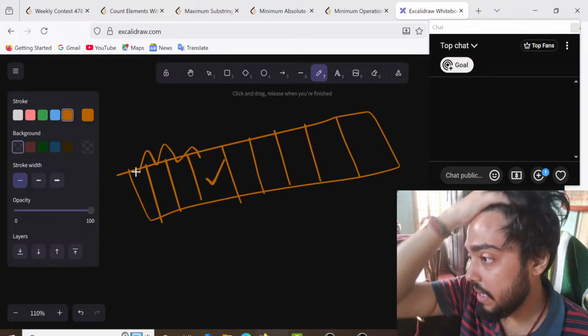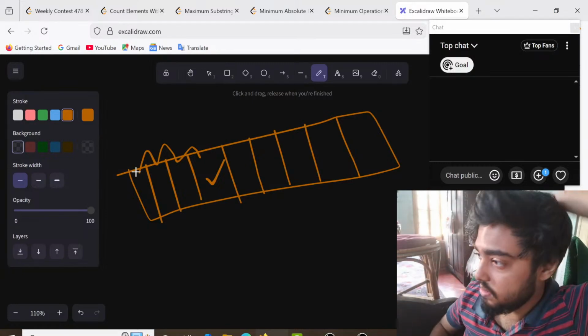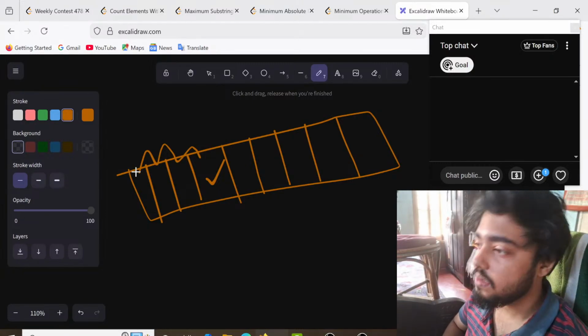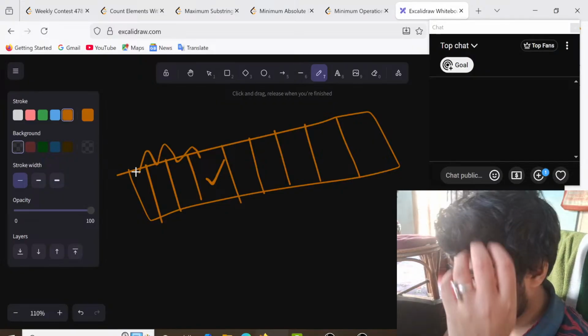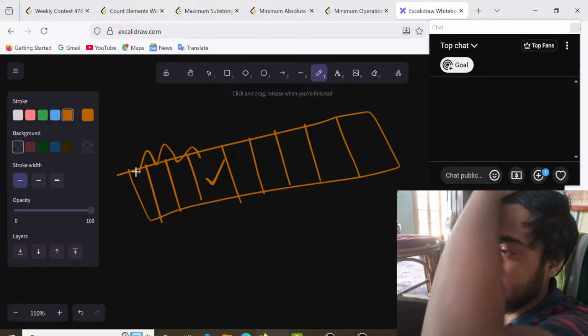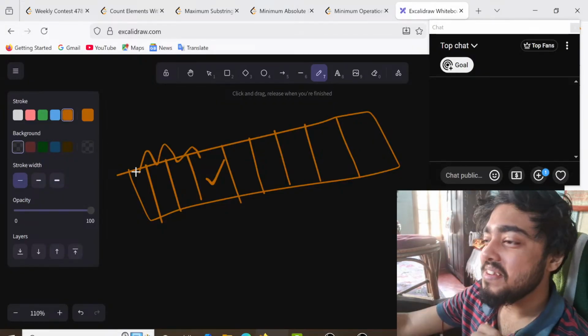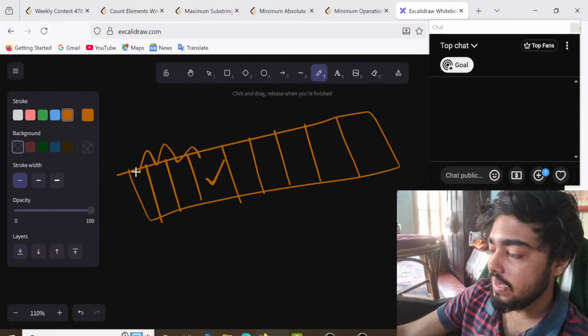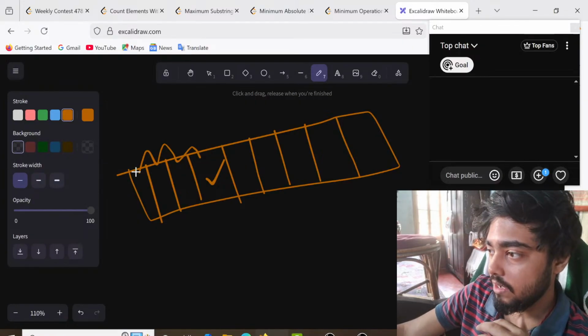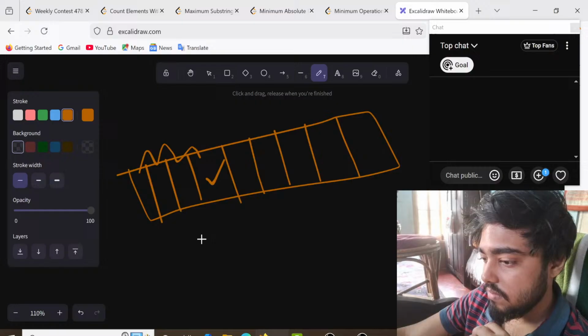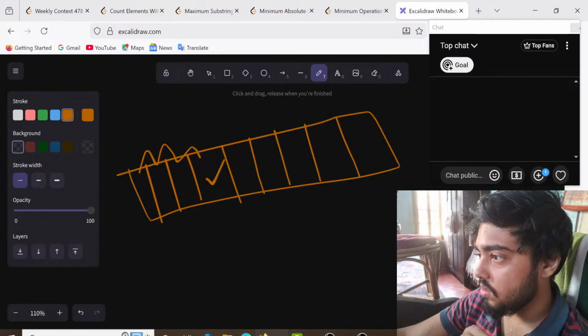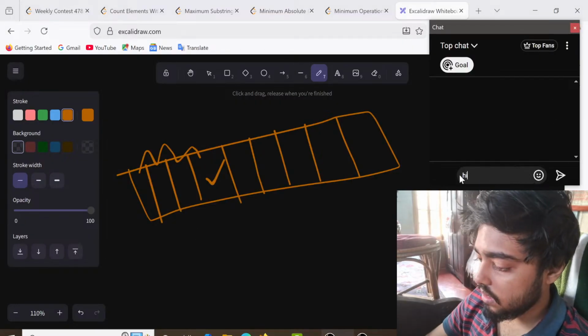Now, oh man, my hair is messed up. Okay, now it looks still better. So this is what the whole question is all about. I don't see people writing.